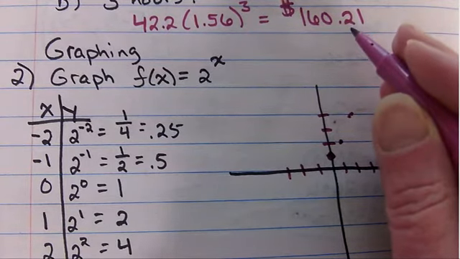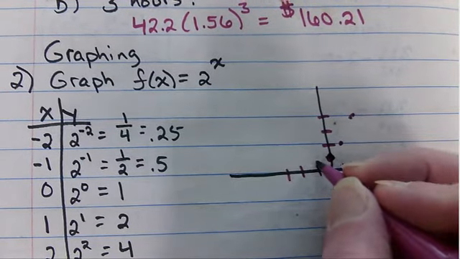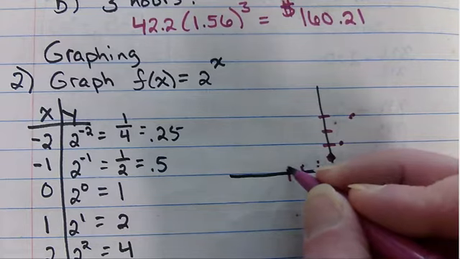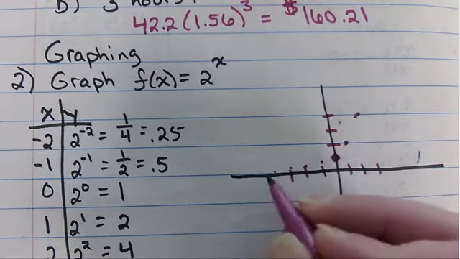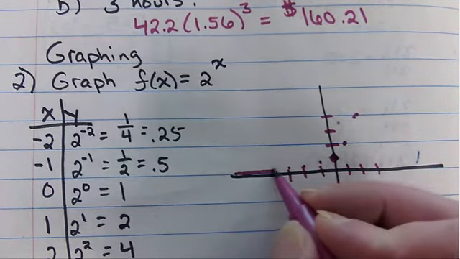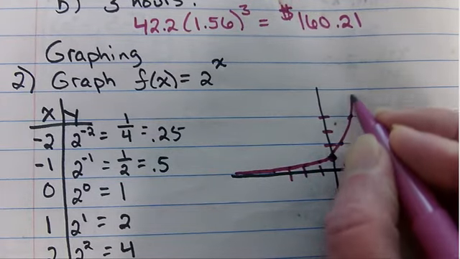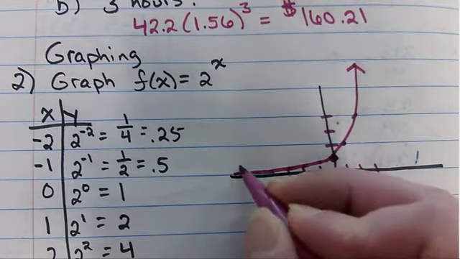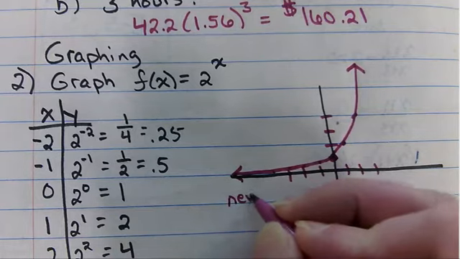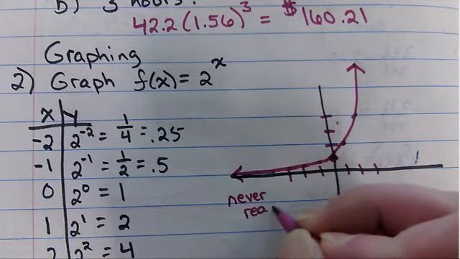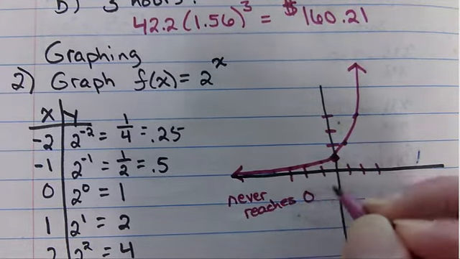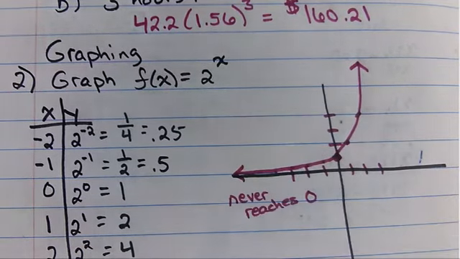It's going to jump really, really high. This way it's going to go 1/2, 1/4, 1/8, 1/16. It's never going to actually reach 0. It never reaches 0. It gets close, but it never reaches.